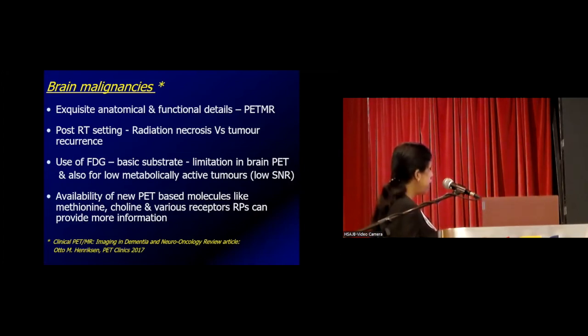And because FDG is the basic substrate of the brain, there is a limitation for us in identifying very small and low metabolically active brain tumors. But this is being circumvented with the availability of newer radiopharmaceuticals like the amino acids like methionine, the choline lecithin based RPs and various receptors which can be used to study brain metabolism and receptor imaging to provide more information.